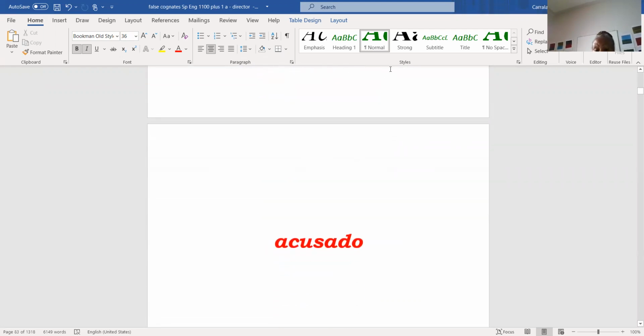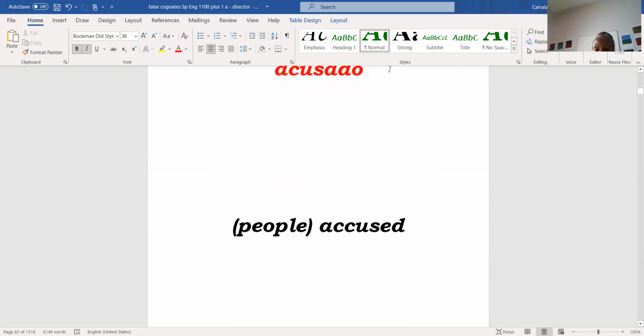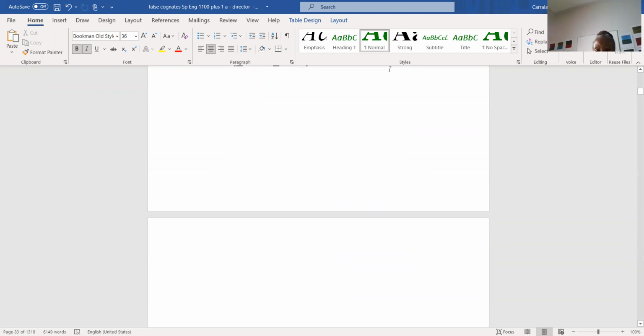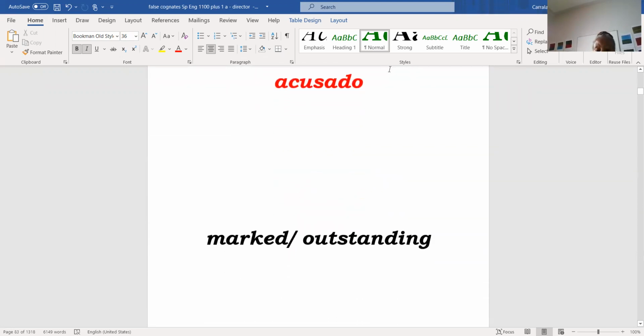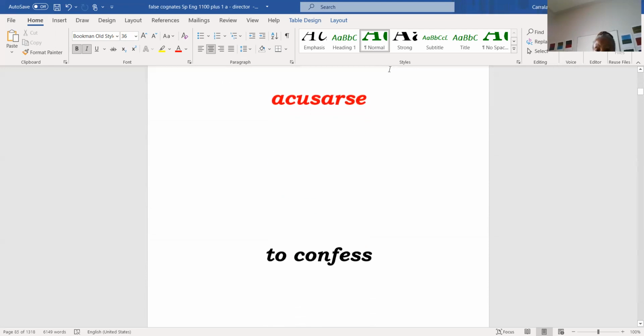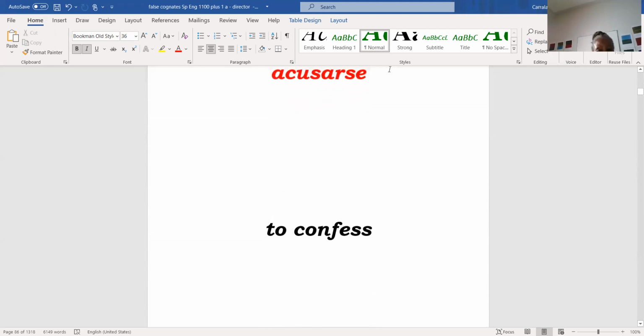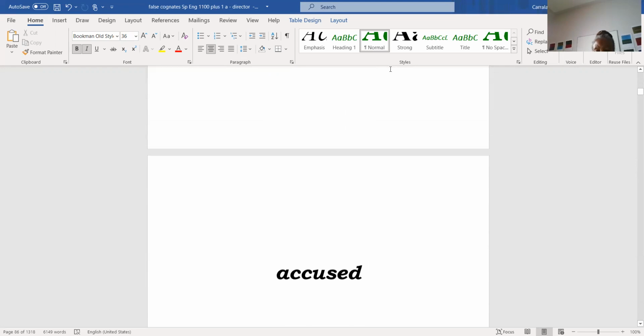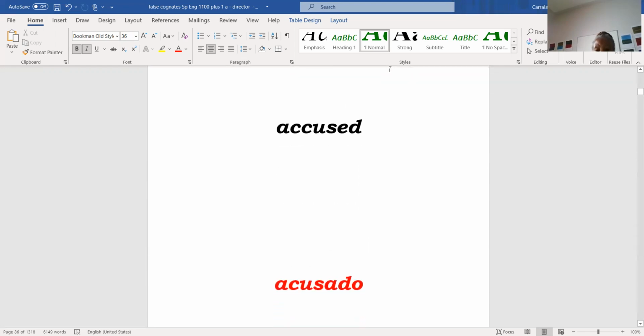That's the same. Acusado, that's a true cognate, people to accuse. Marked or outstanding, you do not use acusado like that in English. Acusarse, no, you do not use like that in English, to confess. Now the accused, this is a true cognate, acusado.